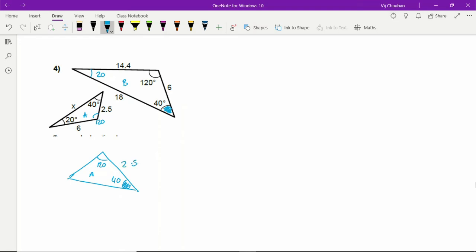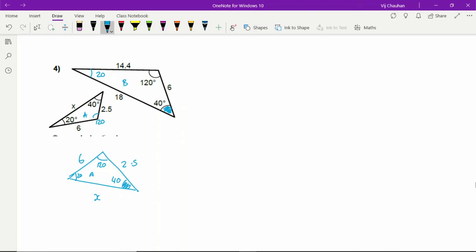The side that's just got the single angle, which is going from 120 to 20, is 6, and this angle here is going to be x.